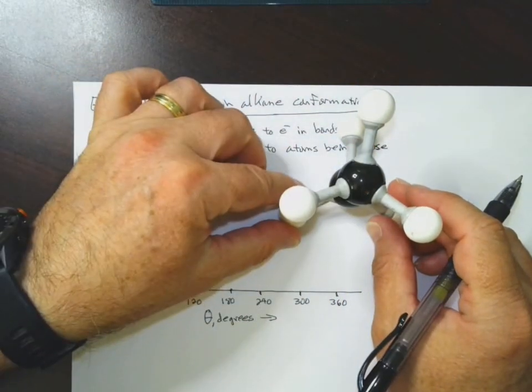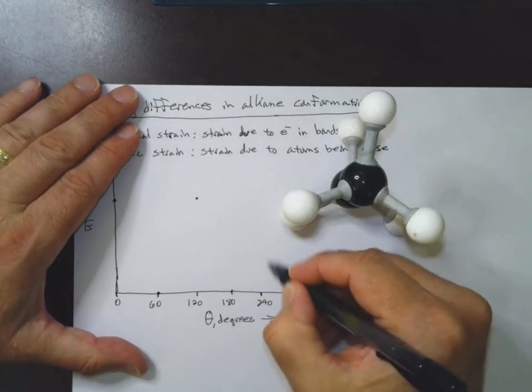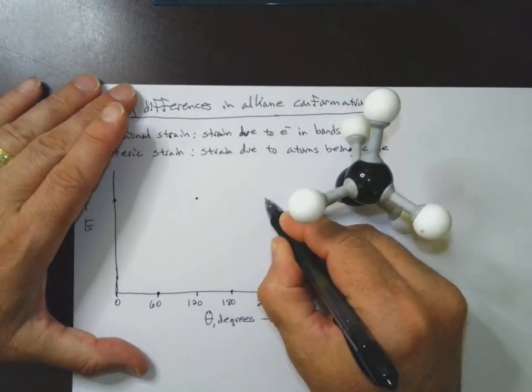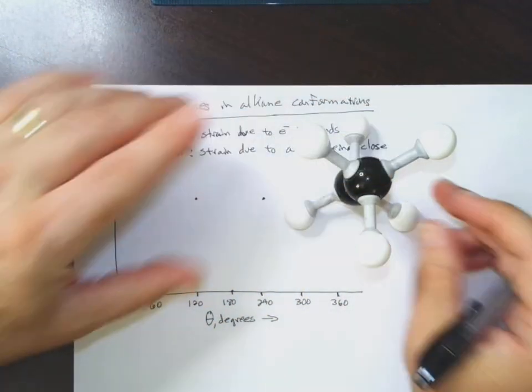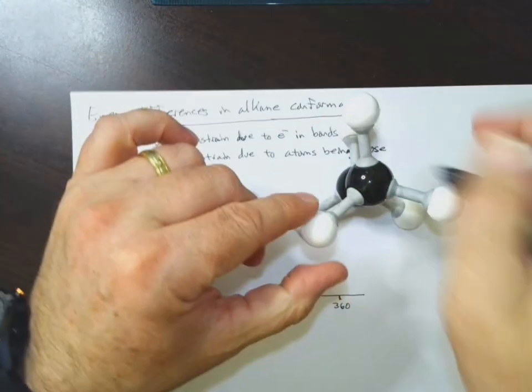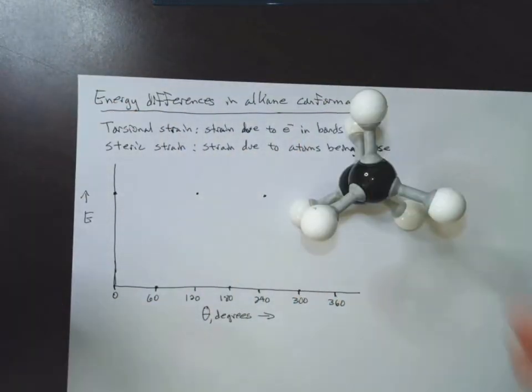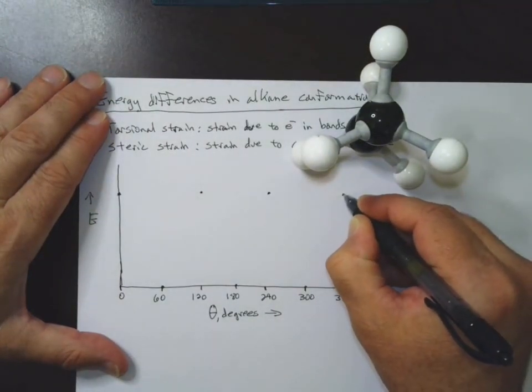You can rotate either one, it's just a little easier for me to do here. 240 is again back at that high energy. 300 is at 0, and then 360. So my angle is 360 all the way around, I'm back to where I started, and that is at that energy.